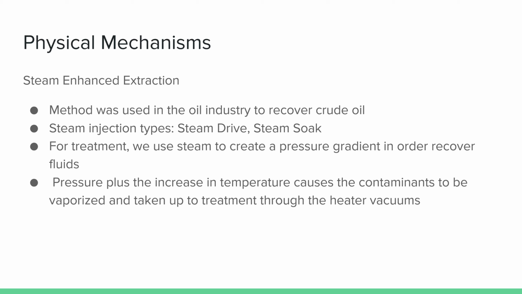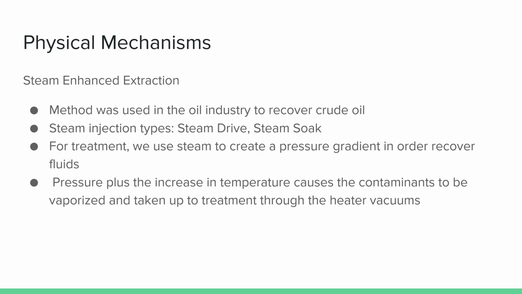The steam temperatures used in the petroleum industry are normally a lot higher than the environmental ones, just because of the depth at which they have to go. In environmental, we use steam to create a pressure gradient, and we end up recovering more fluid to the setup with.